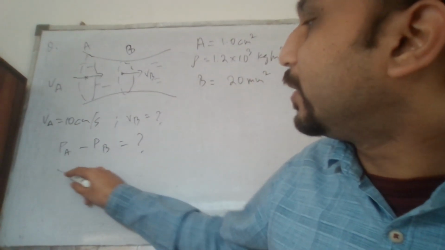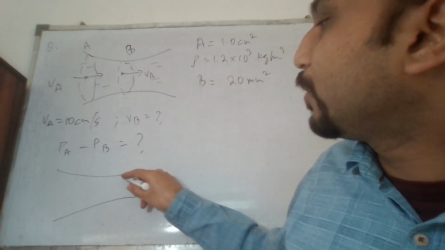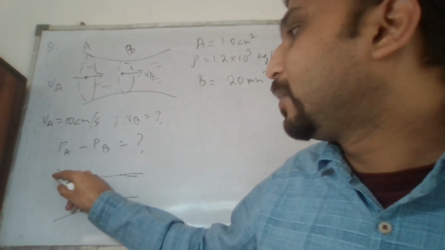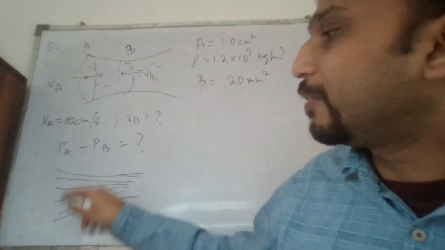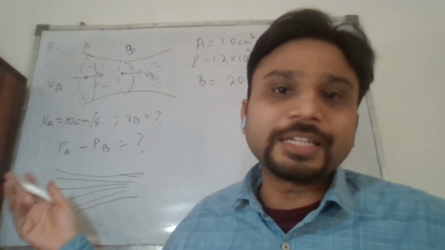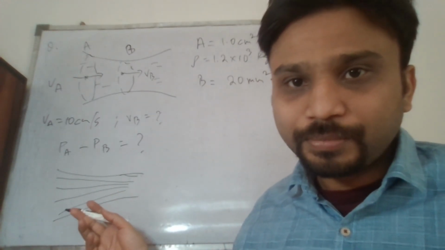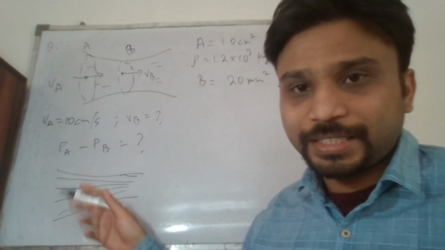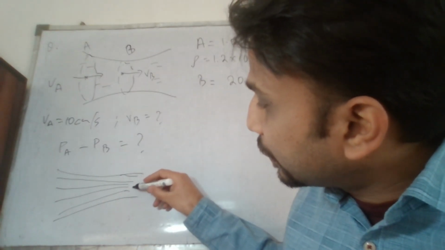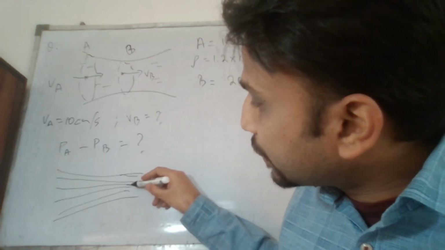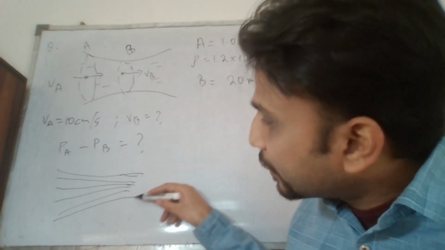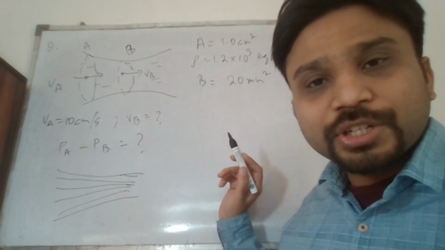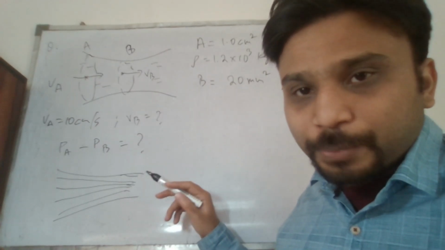By being rarer or being away from each other, what do we mean by that? We say that here the streamlines are rarer, they are away from each other, their density is relatively less. And then here the streamlines constrict. Where the constriction is, there is a fall in pressure.